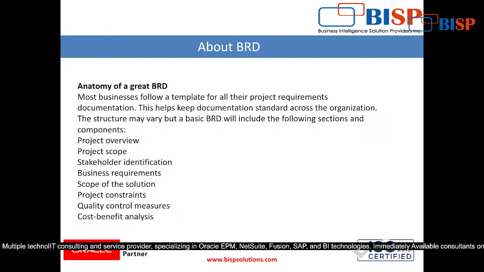Many times the client demands a few things which are practically not possible, so we have to show them the constraints. We can't just say that this is not possible; we have to provide them an alternative solution also. So these are the 8 points which are included mandatorily in the BRD, right?